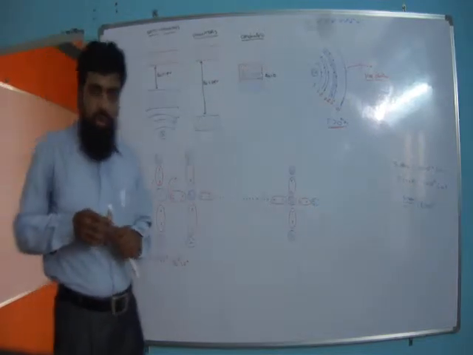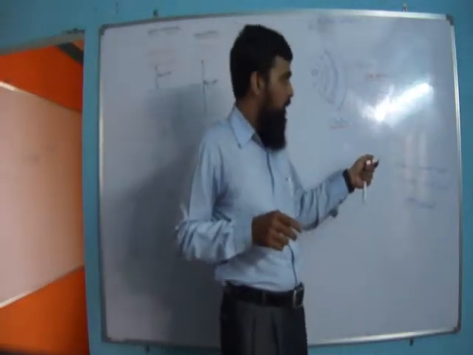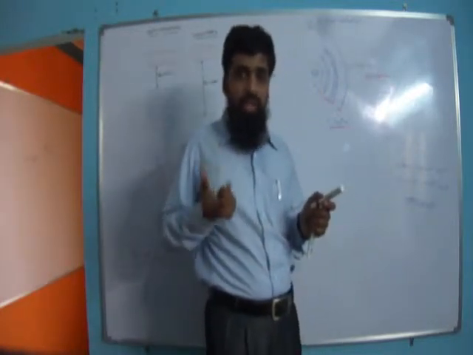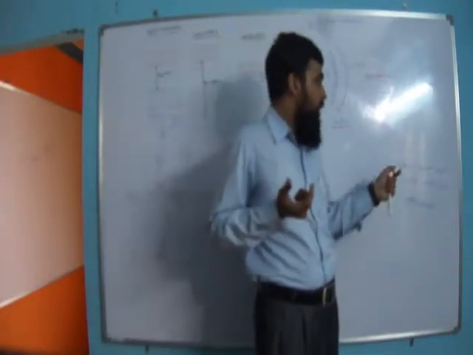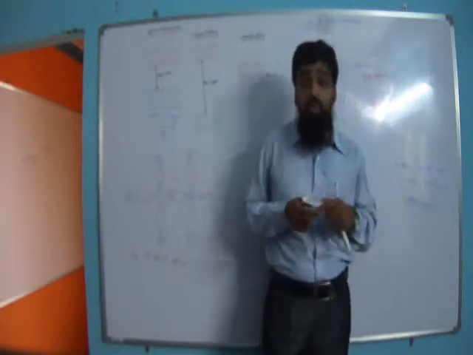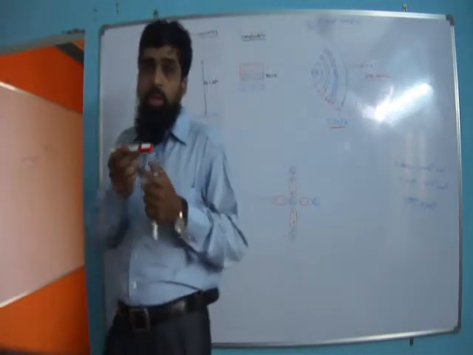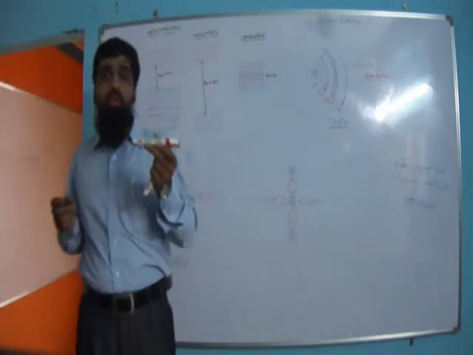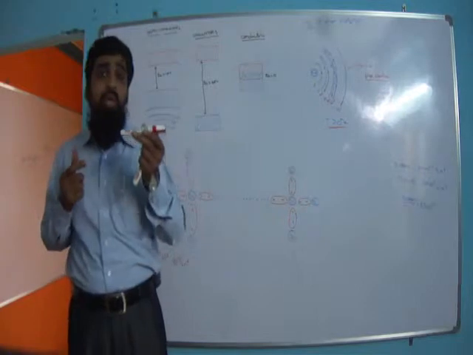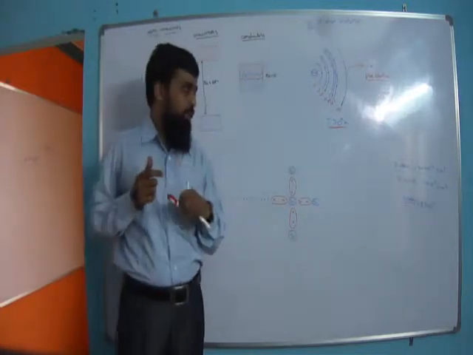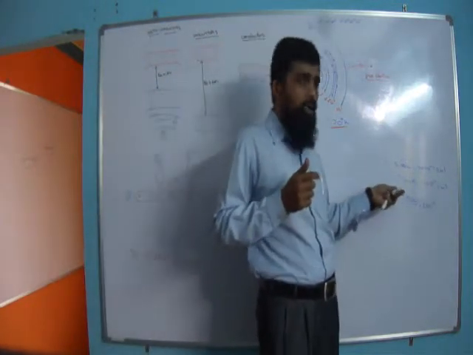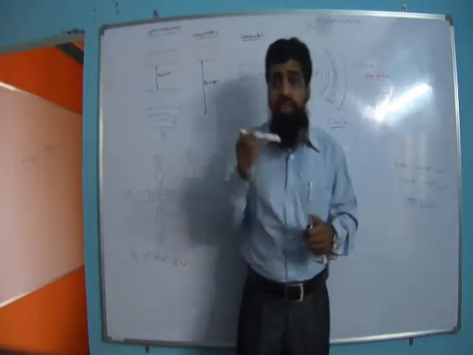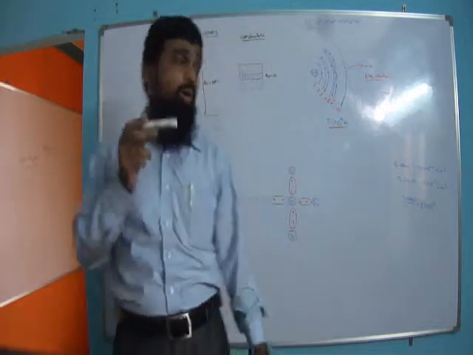Now, generally, in 1 centimeter cube, you will find an atomic concentration of 5.0 into 10 to the power of 22 silicon atoms. And how many free electrons? 1.5 into 10 to the power of 10 free electrons and holes.